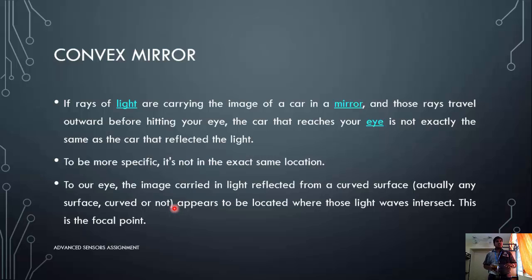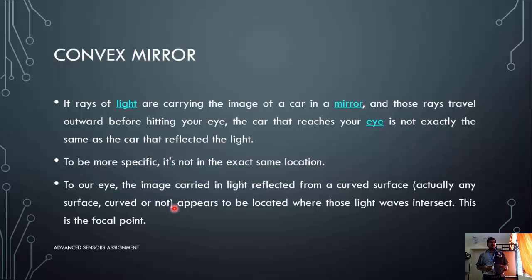The object we are viewing is located somewhere, and we are bringing this object very near through the convex mirror. To our eye, the image carried in light reflected from a curved surface appears to be located where those light waves intersect. This is the focal point.